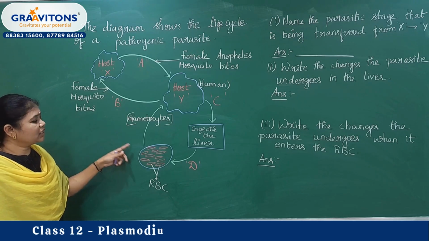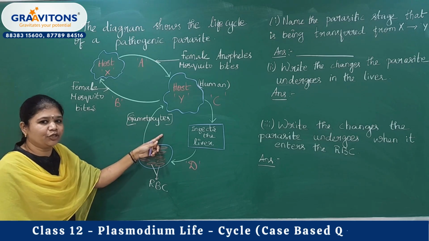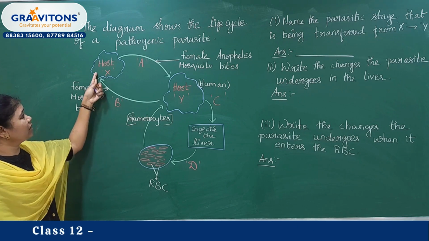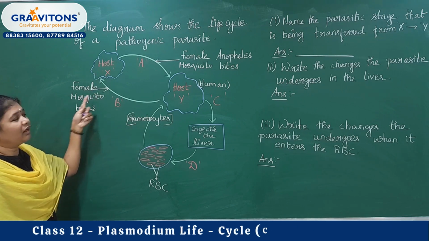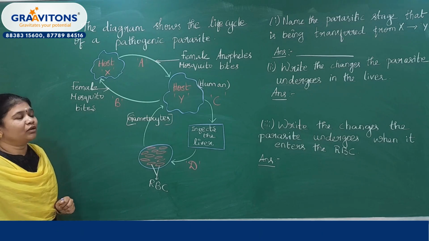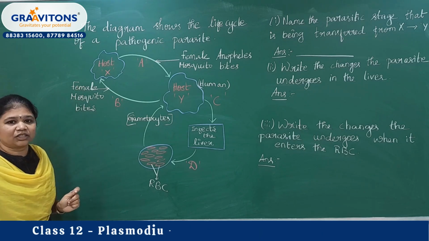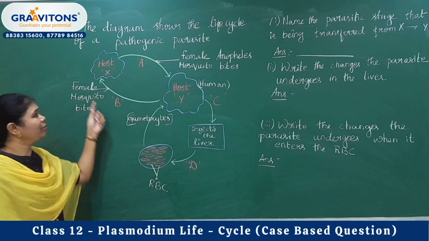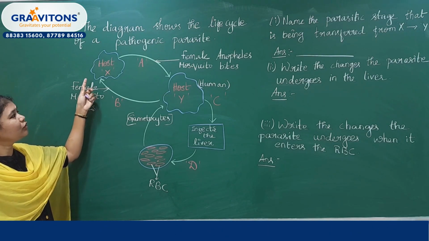So which stage is transferred from infected human to the mosquito? It is gametocytes. And inside the female mosquito, the sexual cycle of reproduction occurs. So here fertilization and formation of the zygote and the further stages of development continue.